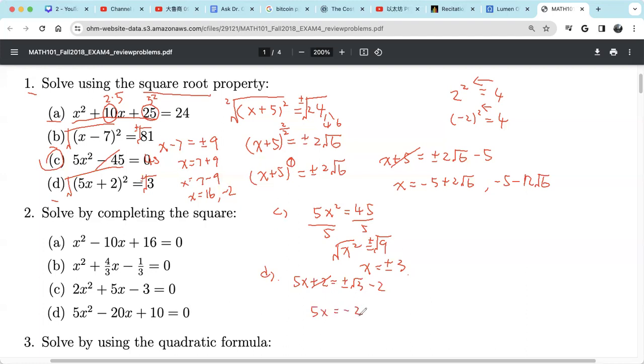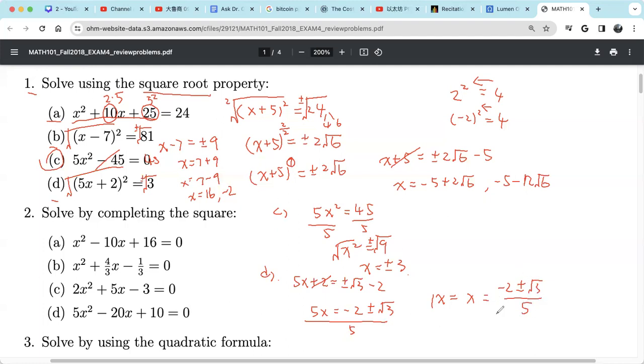Usually we write the rational part first and the irrational part second. Now we divide both sides by 5. Because 5x divided by 5 gives 1x, usually we don't bother to write the 1, we just write x. So x equals negative 2 plus or minus the square root of 3, all divided by 5.